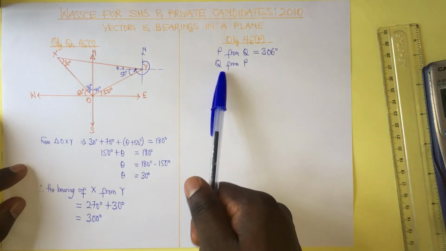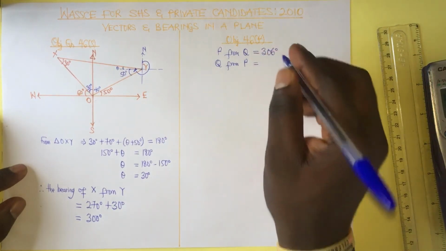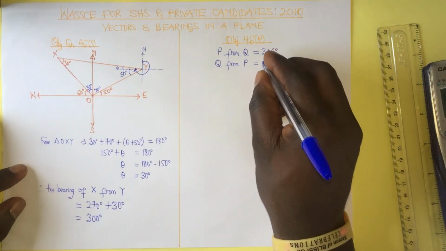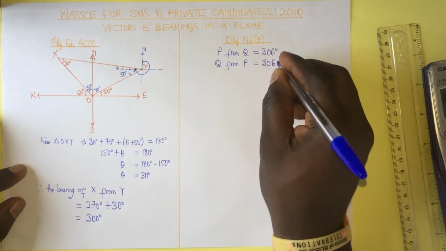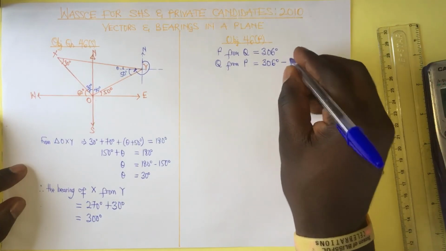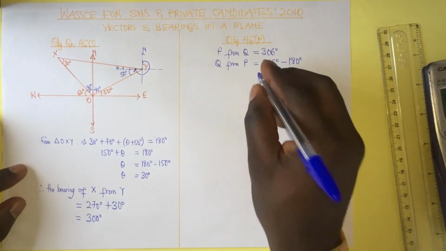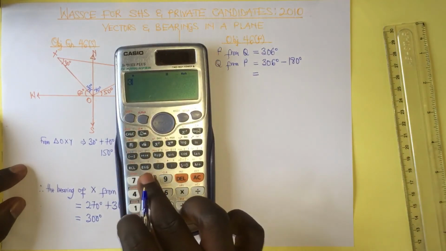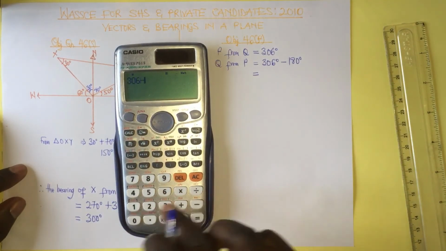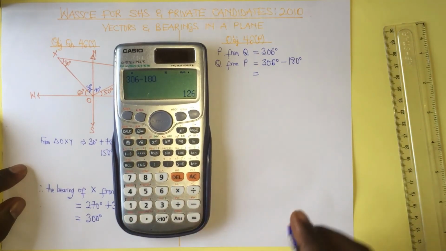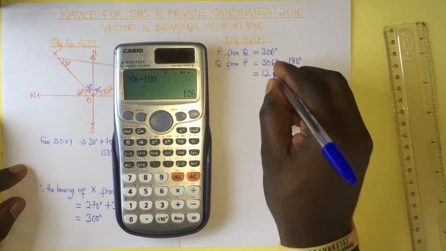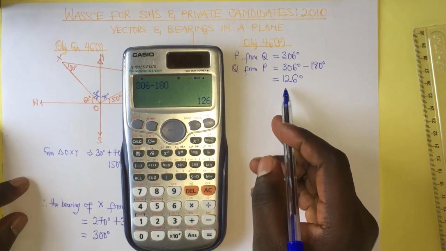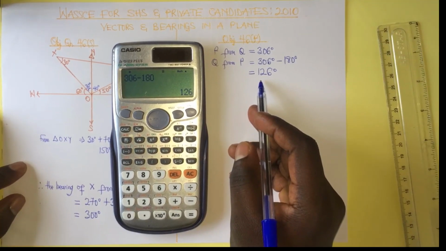So the bearing of Q from P will be equal to, since this one is greater than 180 degrees, we can say 306 degrees minus 180 degrees. So when you find 306 minus 180, it gives us 126 degrees. So the bearing of Q from P is 126 degrees.